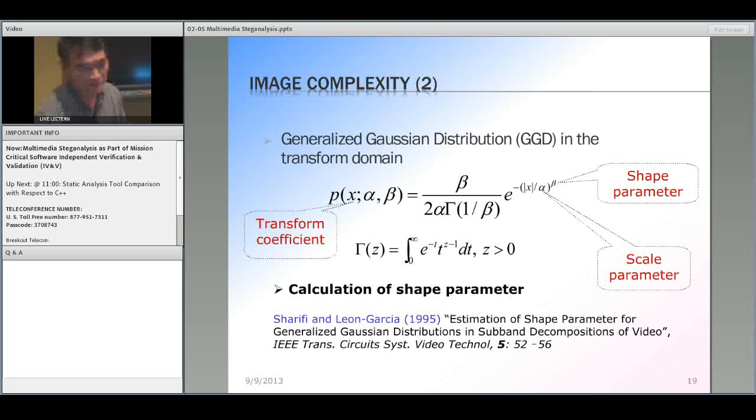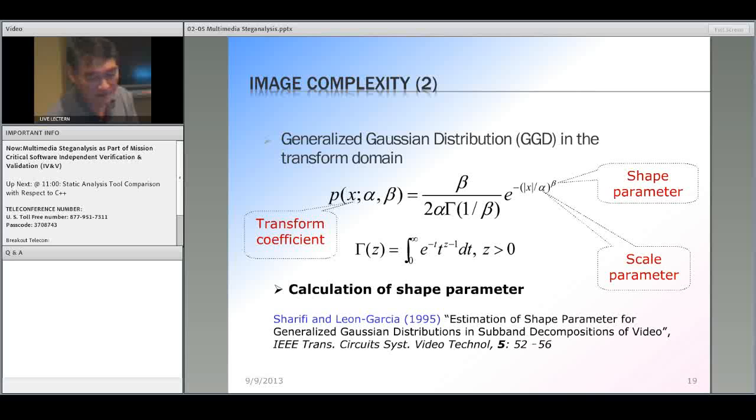So this is GGD, generalized Gaussian distribution in the transform domain, which can be used to describe the complexity of an image. For example, you look at the distribution of all these coefficients. And this power to the exponent beta, called the shape parameter, can be taken as a good measure of the image complexity.